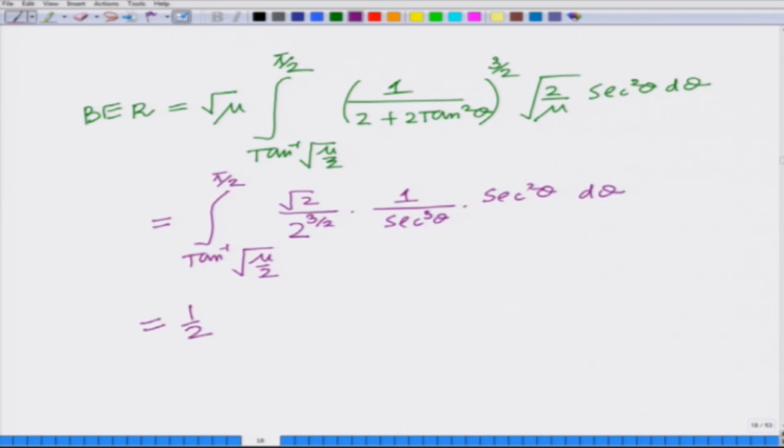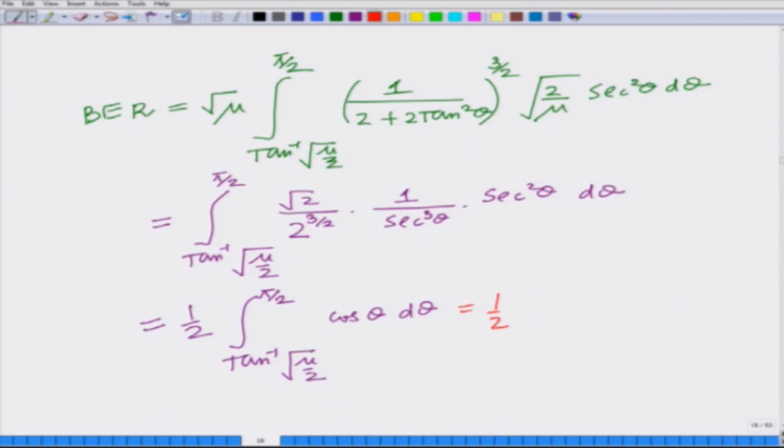Now, secant square theta in the numerator, secant cube theta in the denominator, that cancels, and what will remain is 1 over secant theta, which is nothing but cosine of theta. So, it is half integral from tan inverse square root of mu over 2 to pi by 2 cosine of theta d theta, but integral of cosine of theta is sin theta.